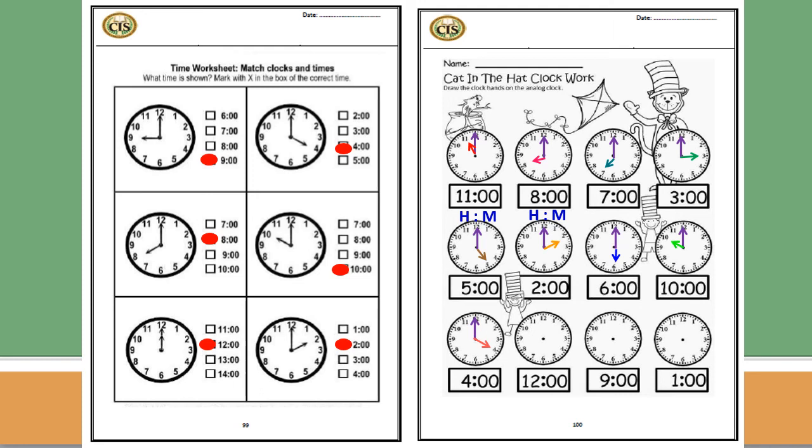So the short hand here points to 12. Okay, and the long hand points to 12. Here 9:00. The short hand points to 9 and the long hand points to 12. The last clock here 1:00. So the short hand points to 1 and the long hand points to 12.